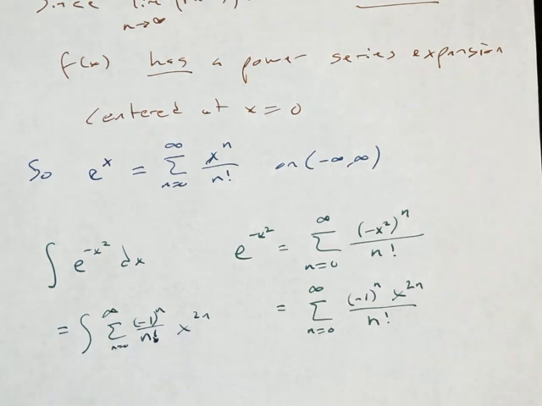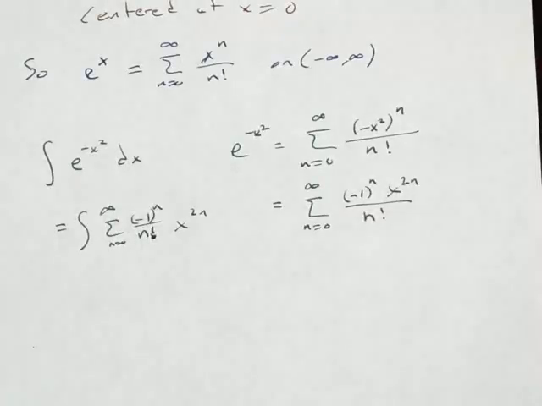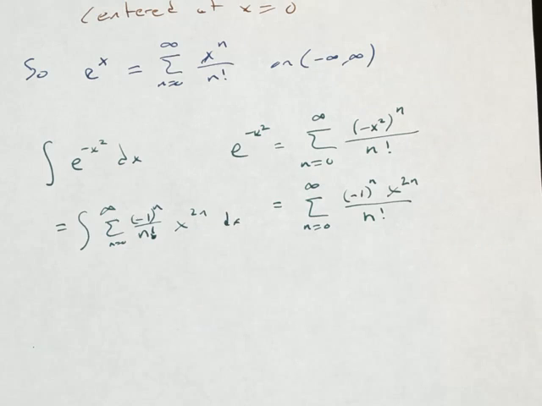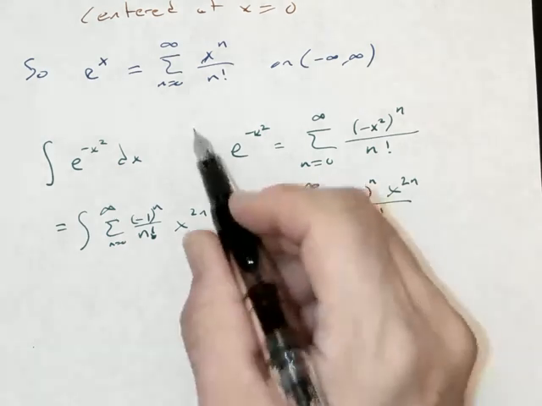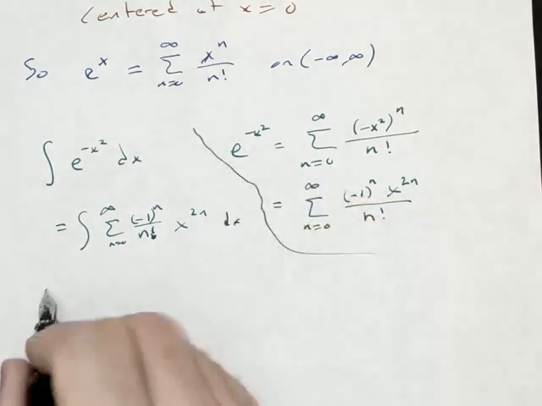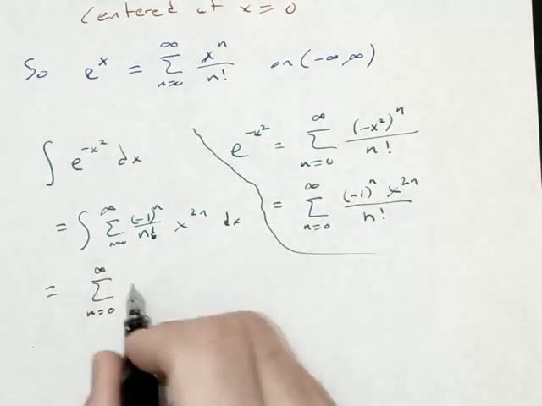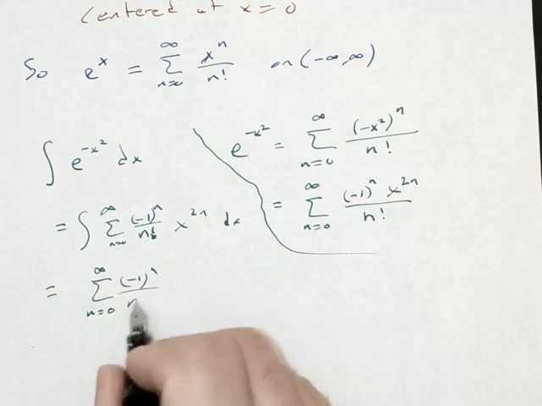And I know how to integrate a series. What do I do? Integrate. Oh, I forgot to write down my dx. I integrate term by term. Minus 1 to the n over n factorial.